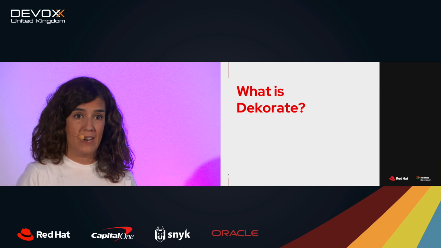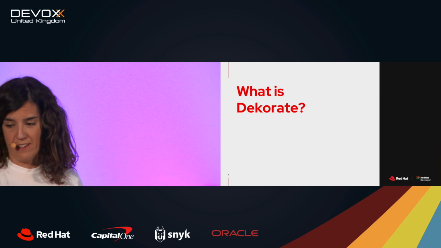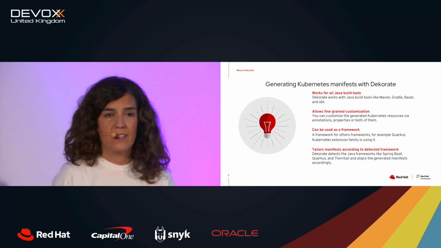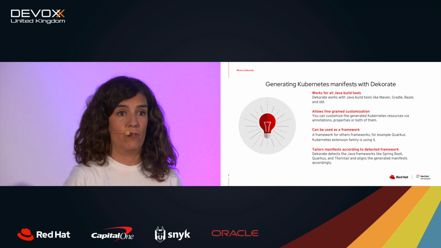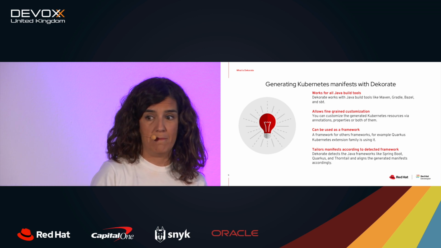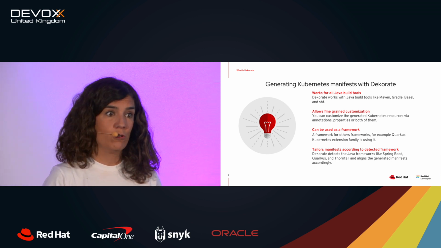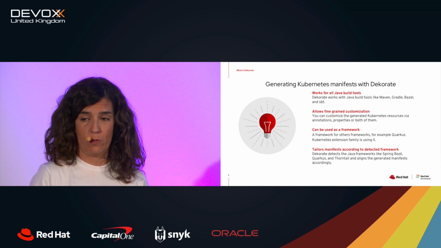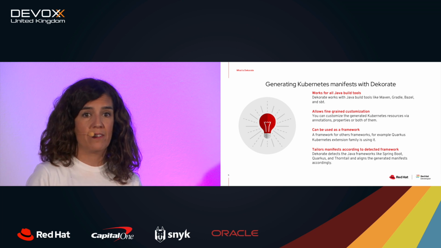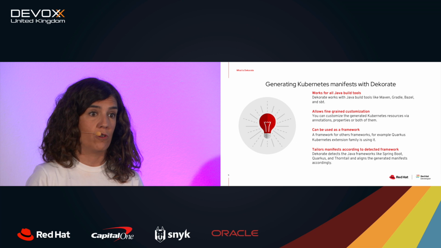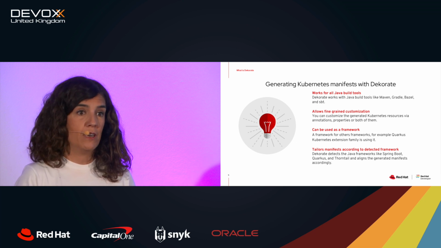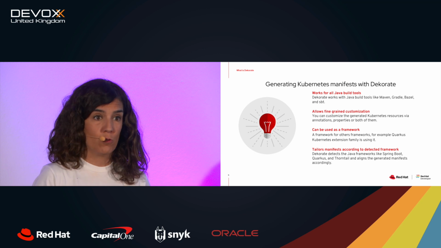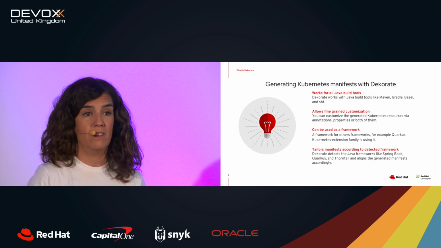Dekorate supports vanilla Kubernetes and Red Hat OpenShift. What are the strengths of Dekorate? Dekorate works for all build tools and all JVM languages. It allows very fine-grained customization. You can customize manifests using annotations or properties files, and also both of them. It can be used as a standalone tool and as a framework.